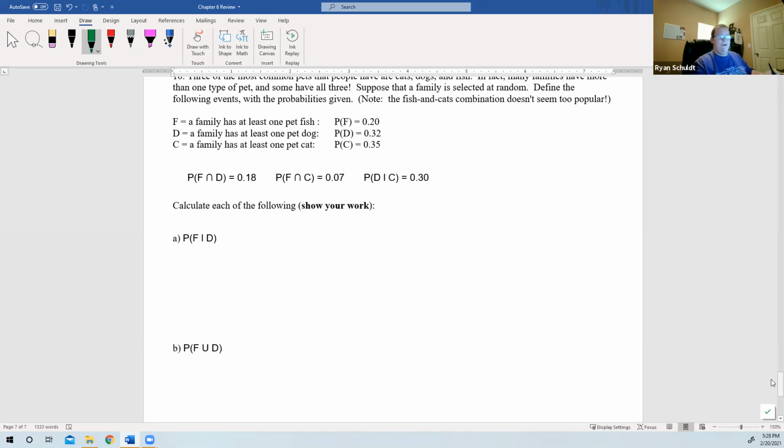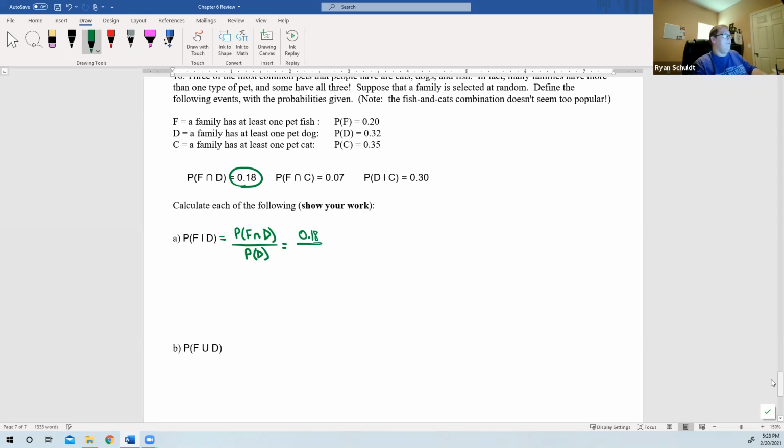Okay, so they say probability that they have at least one pet fish, that's what F means, given D, they have at least a dog. Well, this is the probability of a fish and a dog over the probability of a dog. Now, do we know fish and dog? Yes, it's 0.18.